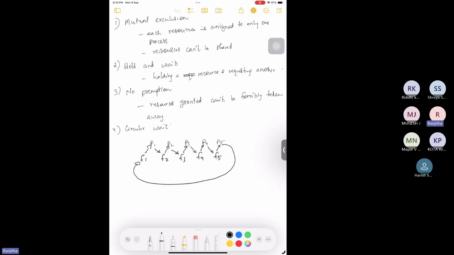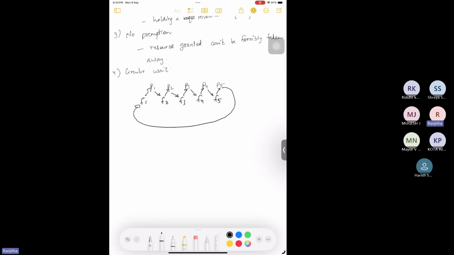So all four of these conditions must be present for a resource deadlock to occur in the system.